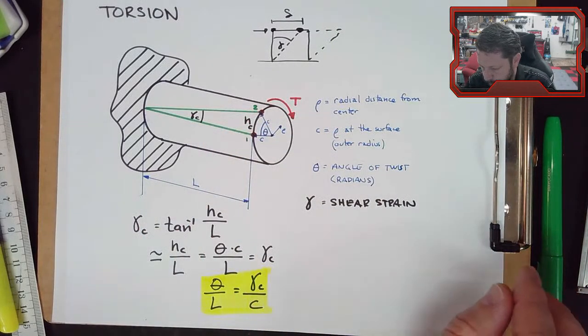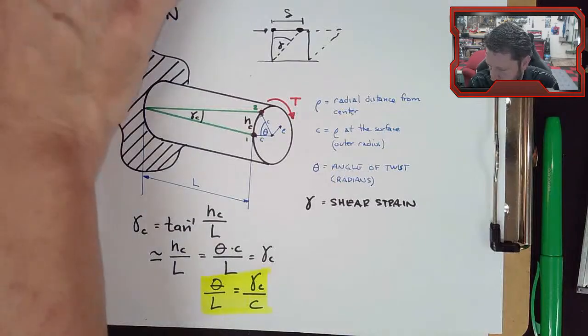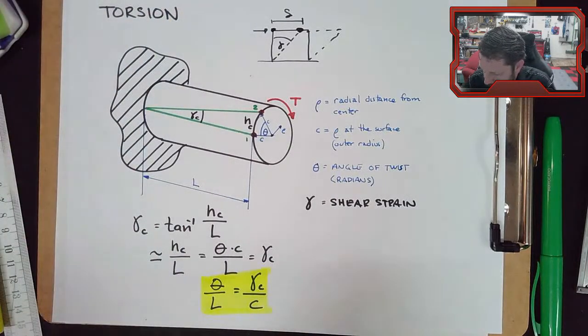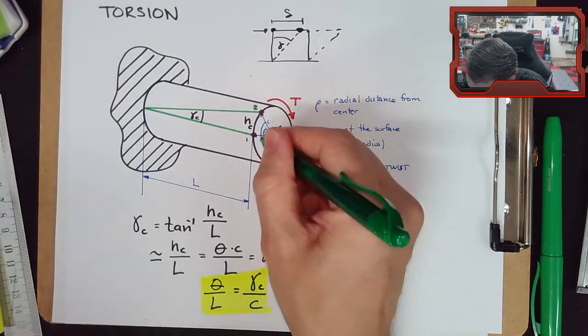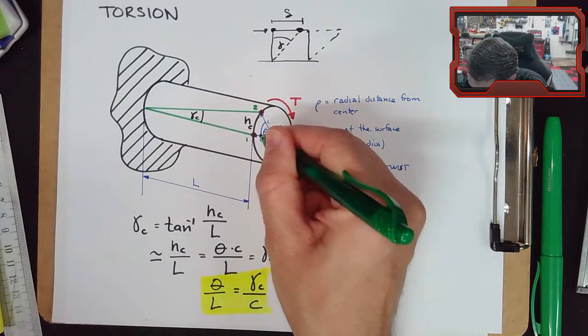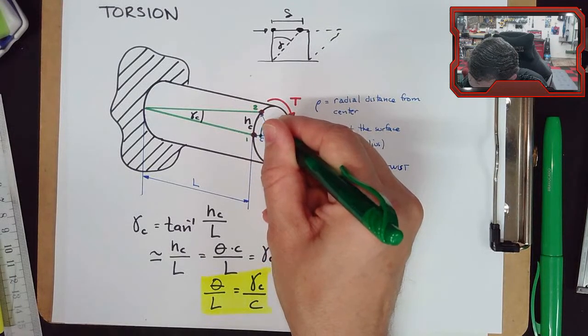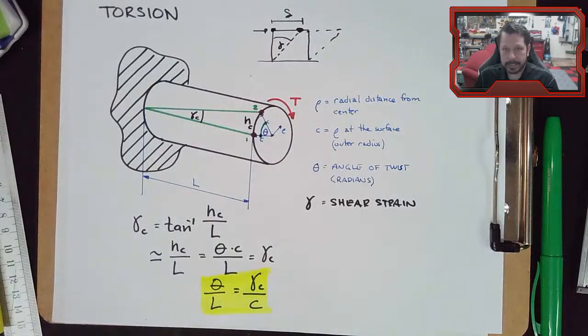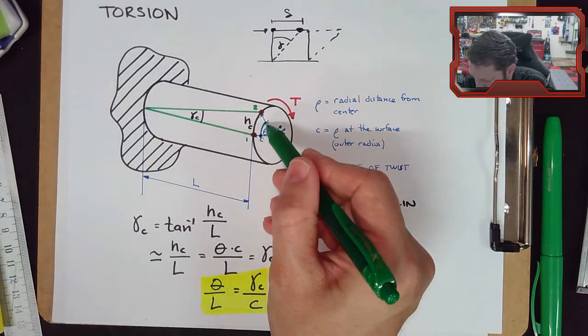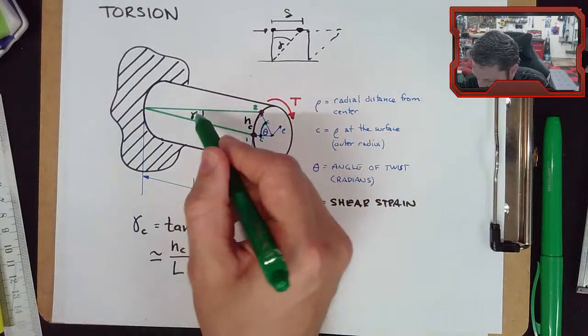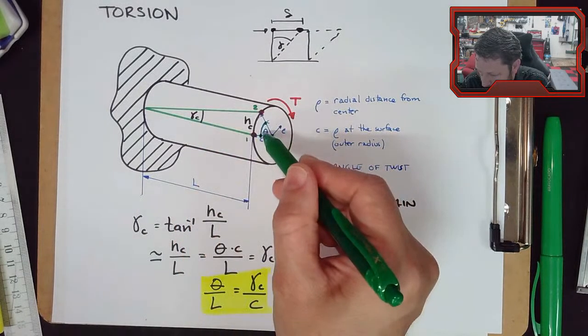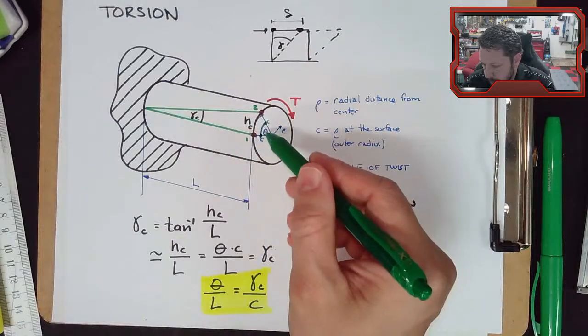I'm not going to draw too much of this one because it gets really crowded. But let's imagine we have this arc right here. So let's imagine this point moves from here up to here. We would get a very similar relationship, except now this would not be gamma C. It would be a little bit smaller.